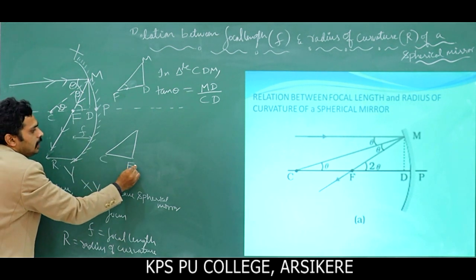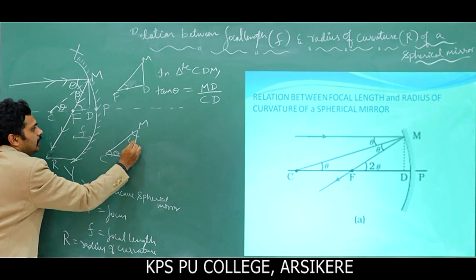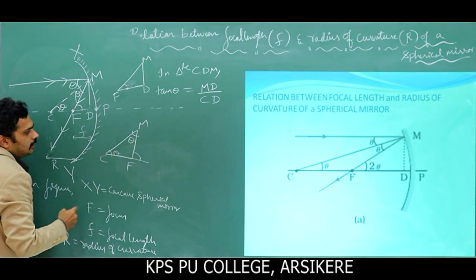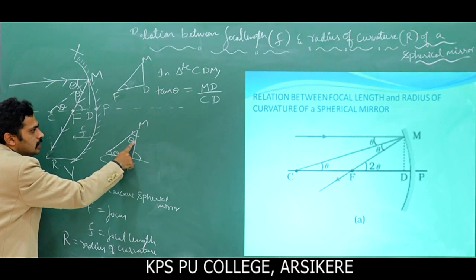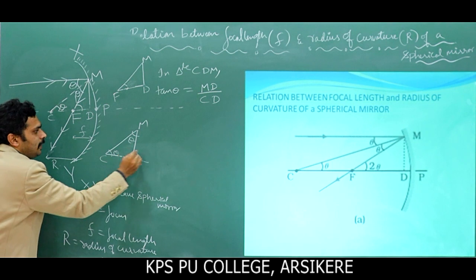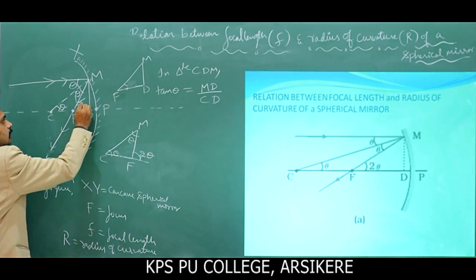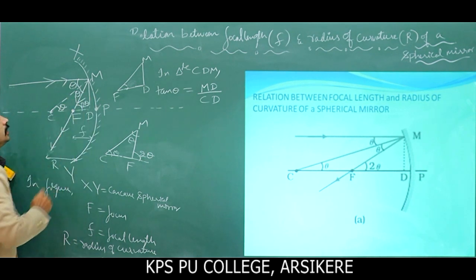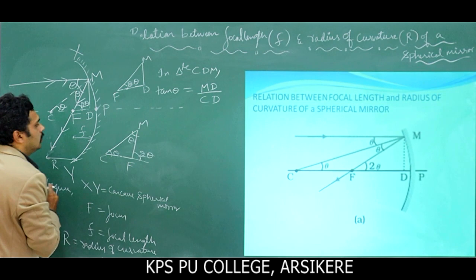Look here, in this triangle CFM, this angle is theta. What about this angle? This is the exterior angle. The exterior angle is equal to the sum of the interior opposite angles. Theta plus theta, 2 theta. Therefore, this angle is 2 theta. For triangle FDM, the angle is 2 theta.